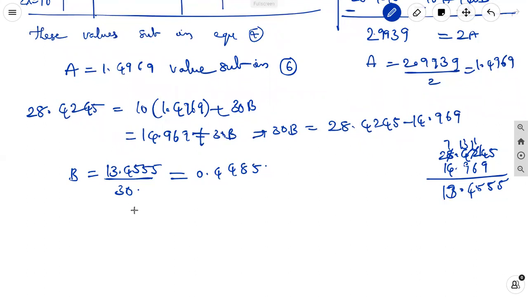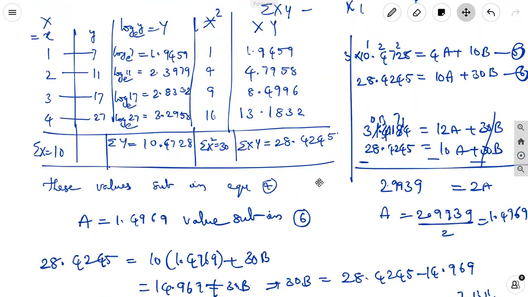Okay. Next, capital A is equal to 1.4969. Capital B equal to 0.4485. Again, we can go forward.